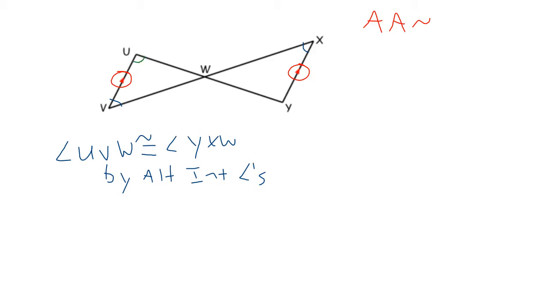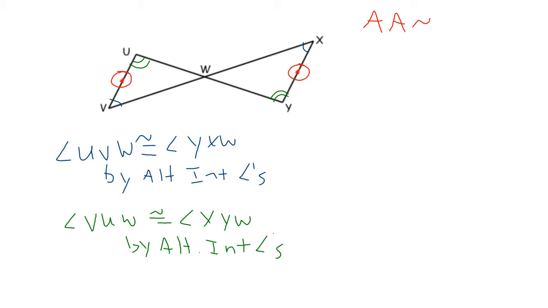Well, it's these two. And they're congruent because of the same reason. So I've got angle VUW is congruent to angle XYW, same reason, by alternate interior angles.